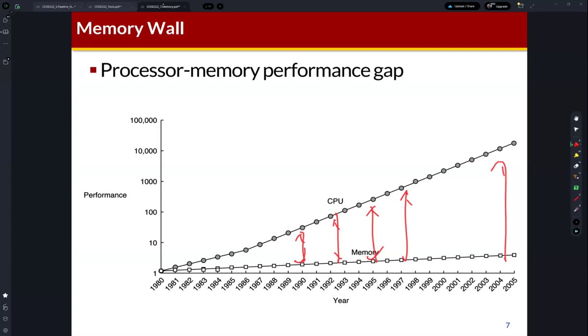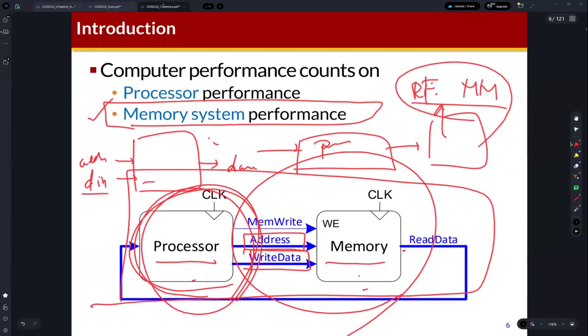There are many factors that determine the performance of the memory, but memory manufacturing is a little bit different from CPU technology. So the memory is slow, and the gap is increasing. What does that mean? This is a system composed of a processing part and a memory part, and one of the parts is slow. What's the problem?